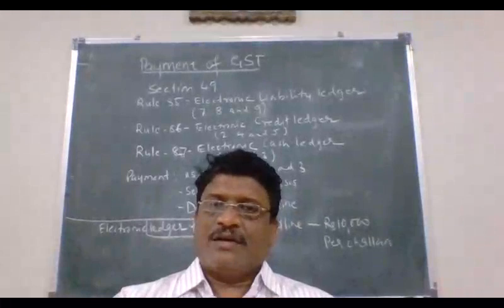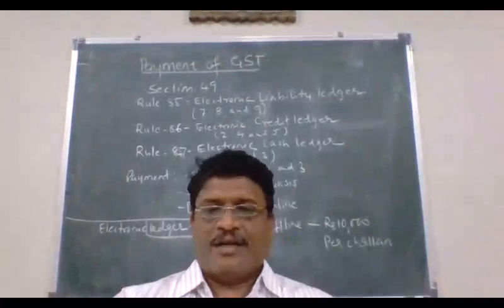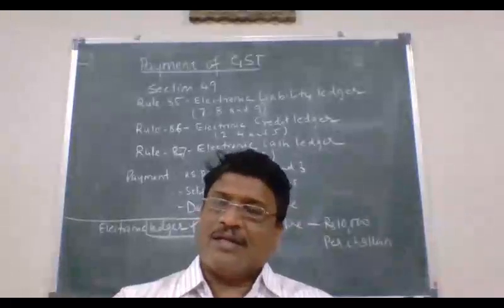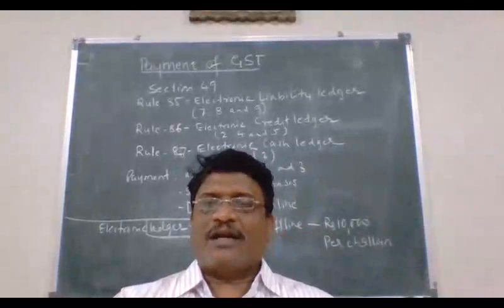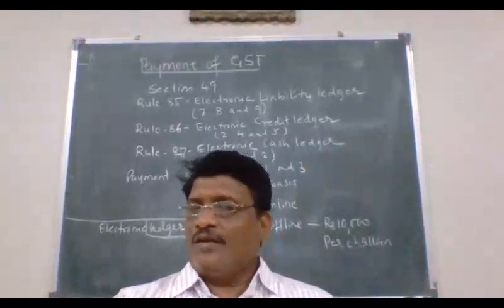It means the value assessed by the registered dealer as per him and the rate applied by the registered dealer as per him. Based upon that, the payment is made by the registered dealer to the government.